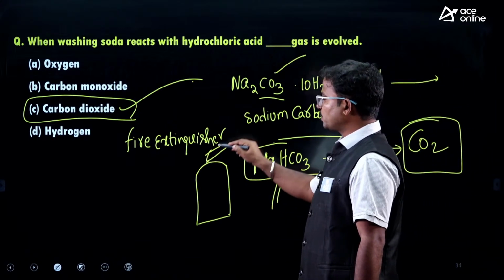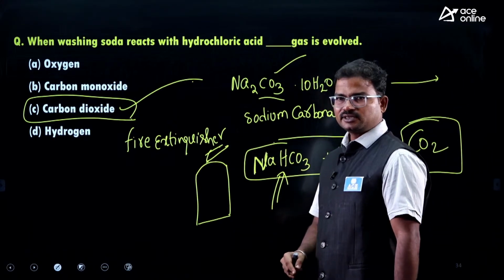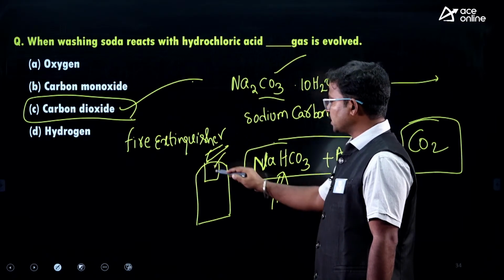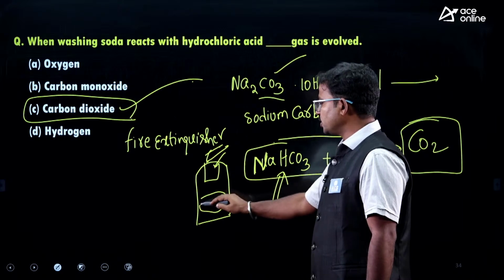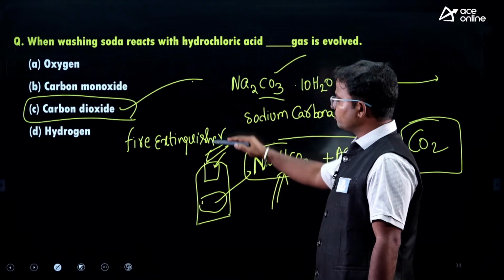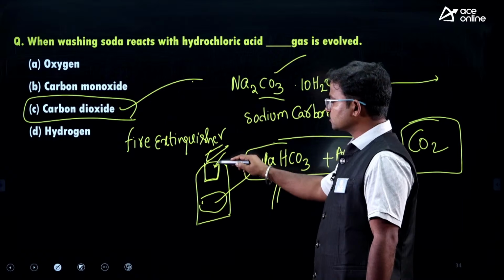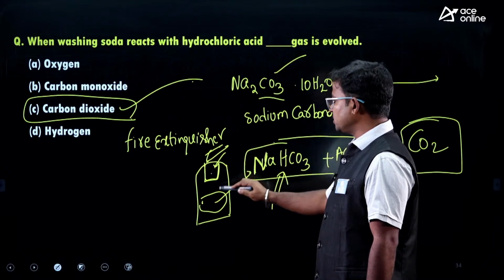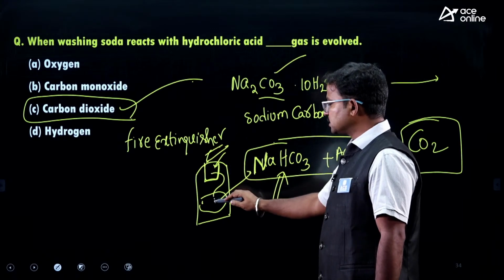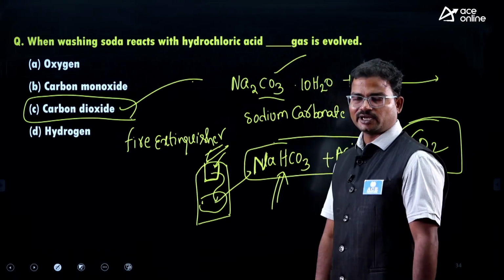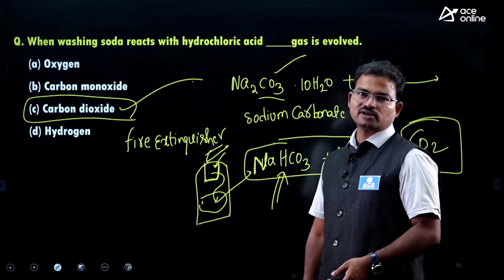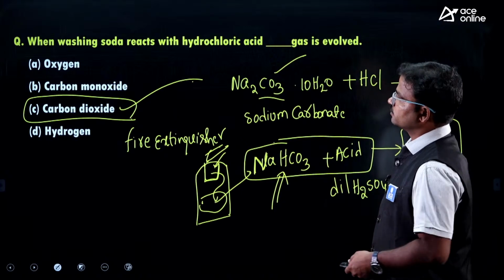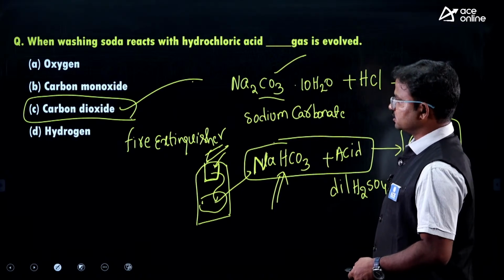When we apply some pressure on this pin, one glass bottle is there, and at this region we have sodium bicarbonate. When we apply pressure, this glass bottle gets broken. In this bottle we have dilute acid. Then this dilute acid directly contacts the sodium bicarbonate, and it emits a fresh amount of carbon dioxide. So this is the conclusion about fire extinguisher related devices.